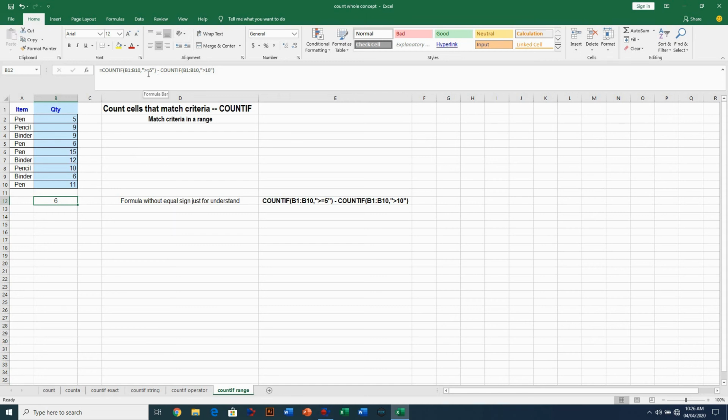So we simplify: equal to 5 and greater than 10. So we have 6 cells: 1, 2, 3, 4, 5, 6. If we increase the range of our criteria, it counts 9: 1, 2, 3, 4, 5, 6, 7, 8, 9.